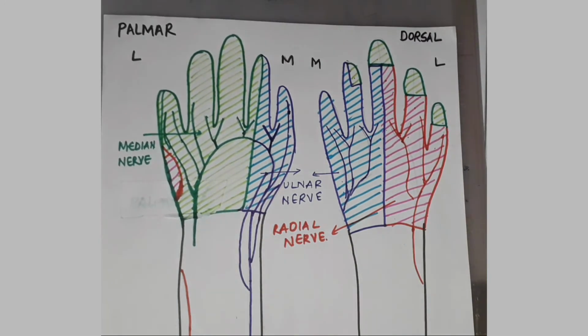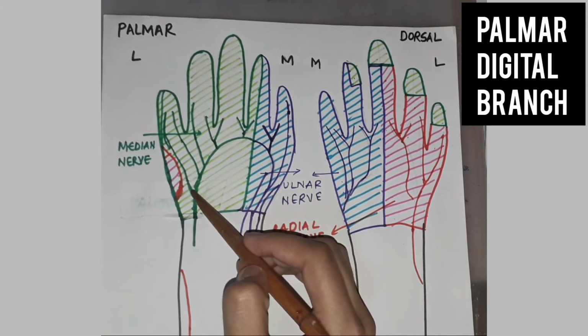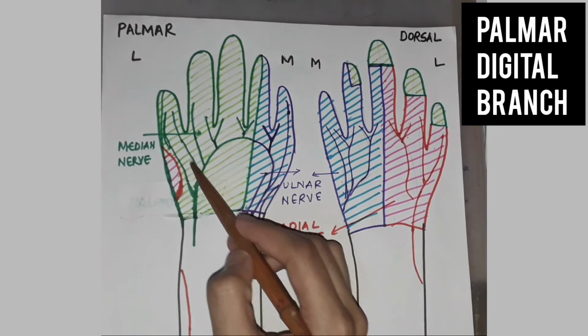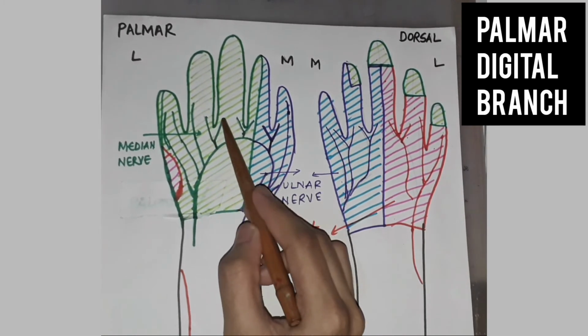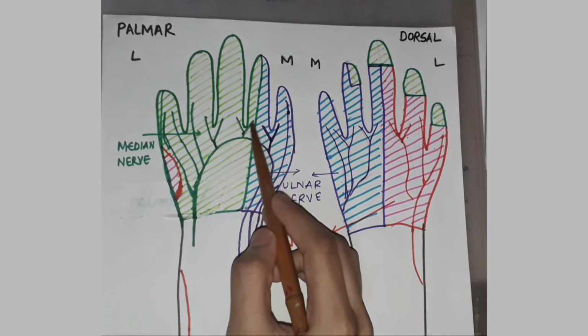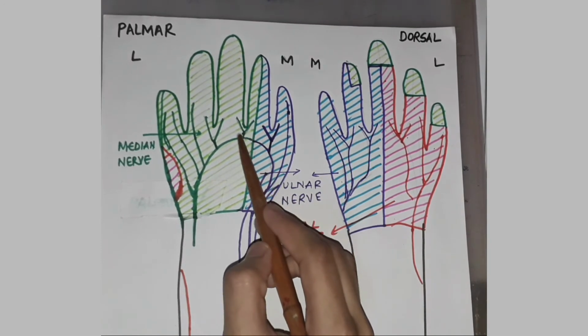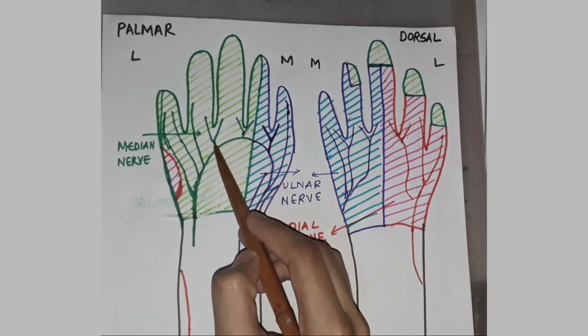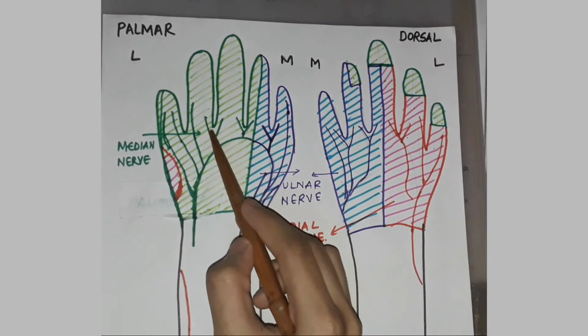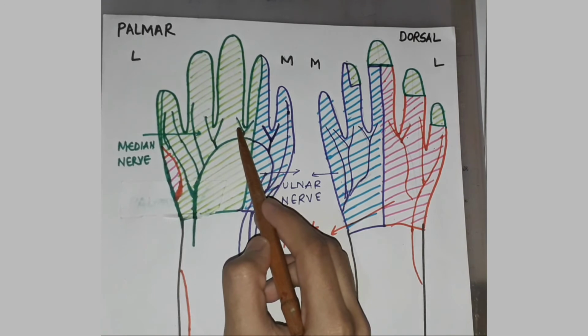The second branch given by the median nerve is the palmar digital branch. These all are the palmar digital branches. They are a total of 5 in number. The medial two branches are the common palmar branch, which divides near the digital cleft into two proper digital branches.